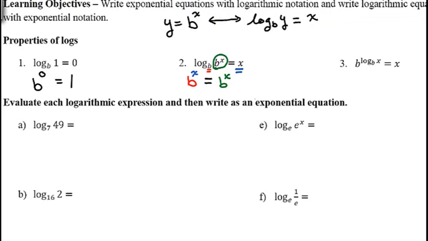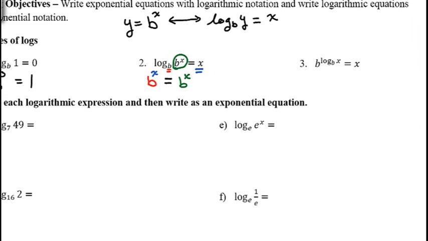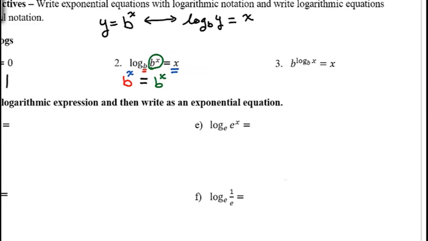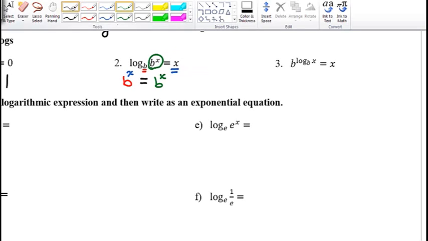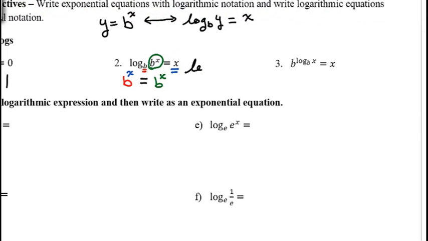So that's rewriting it in exponential form, and you can see that it produces a true statement: b to the x is really equal to b to the x. One example of this property would be log base 3 of 3 raised to the x minus 1, which would be equal to x minus 1, the exponent.